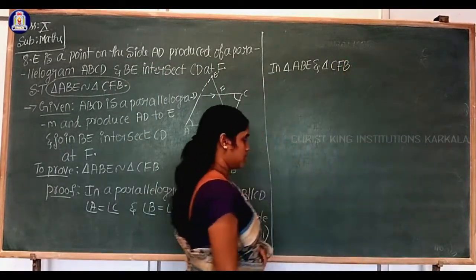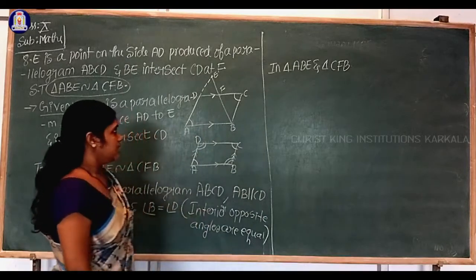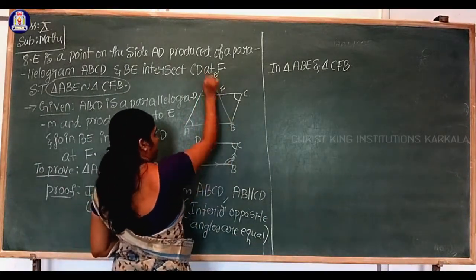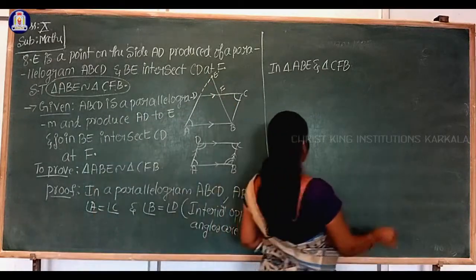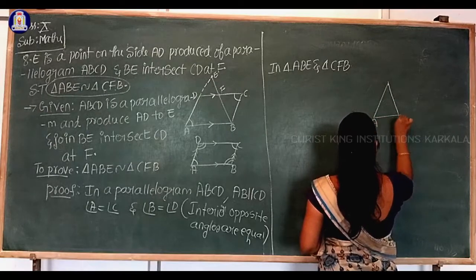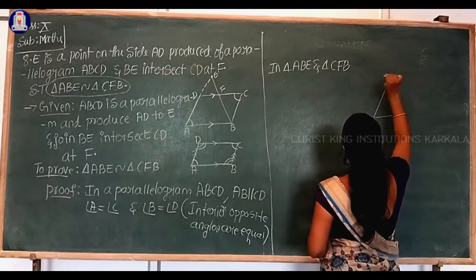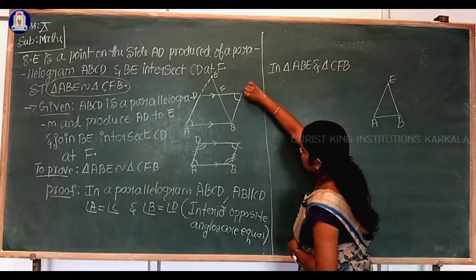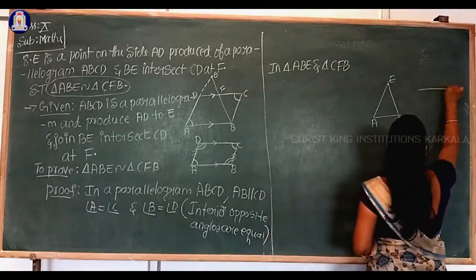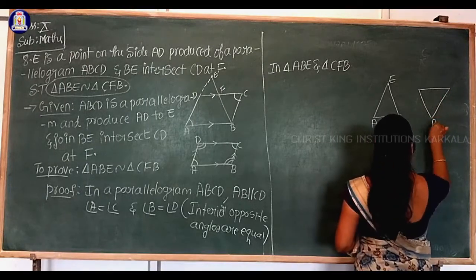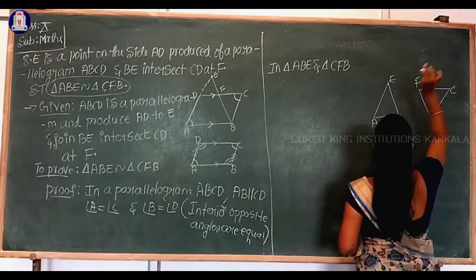I'll draw it separately. This is A, this is B, and this is E. Also the other one, CFB: this is B, this is C, and this is F.